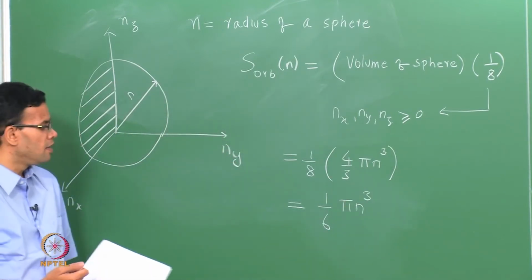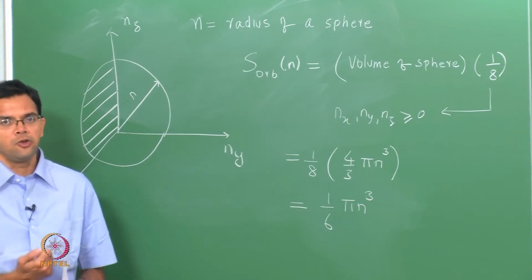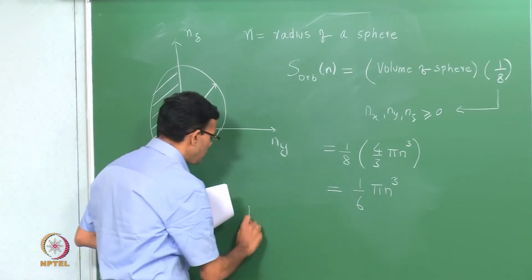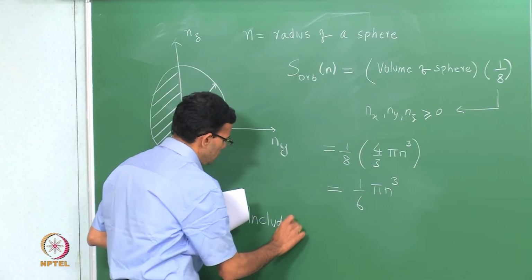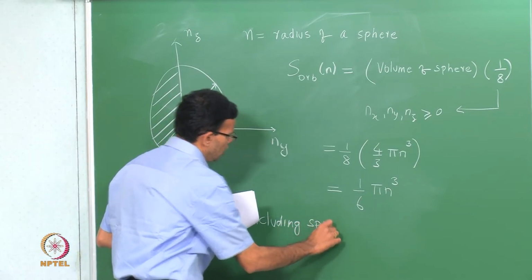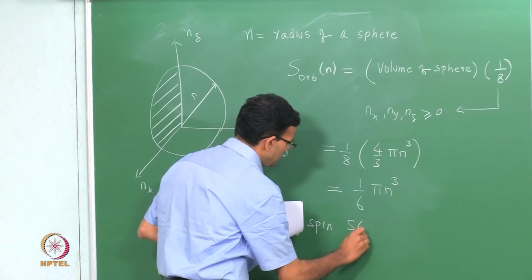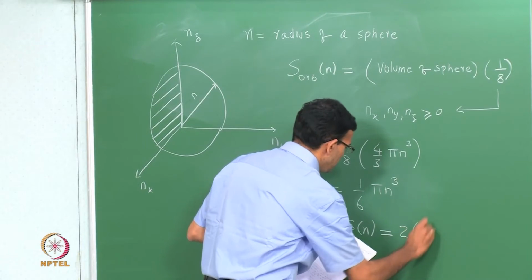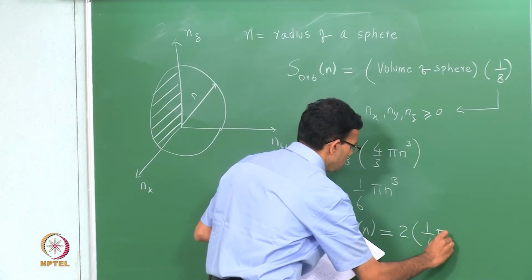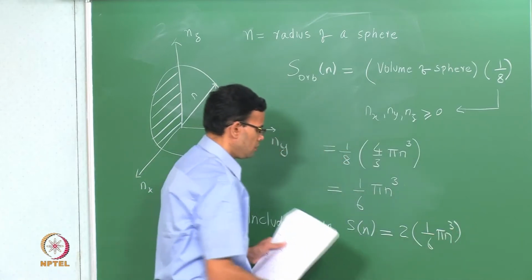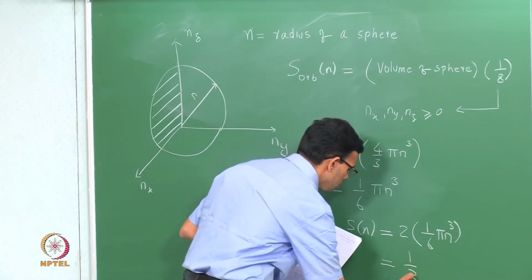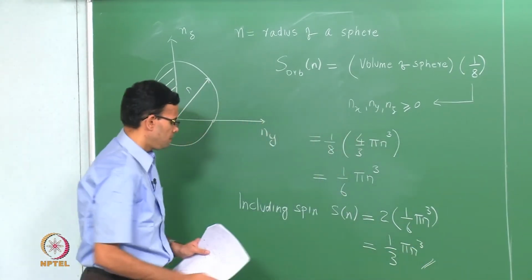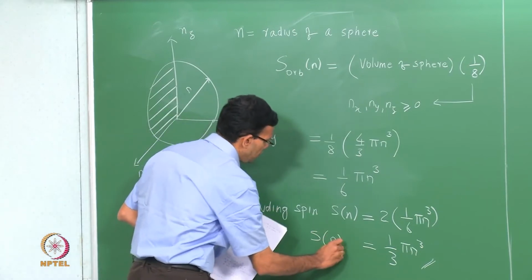Now we also said that each energy state can take 2 electrons, right? You can have an electron with spin up and spin down. So including spin, the total number of energy states S of n is 2 times this expression, which is in terms of n.